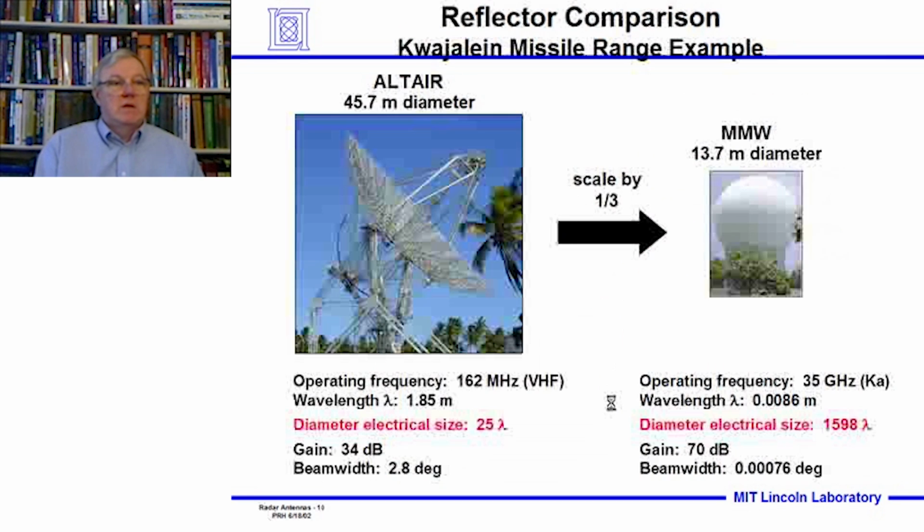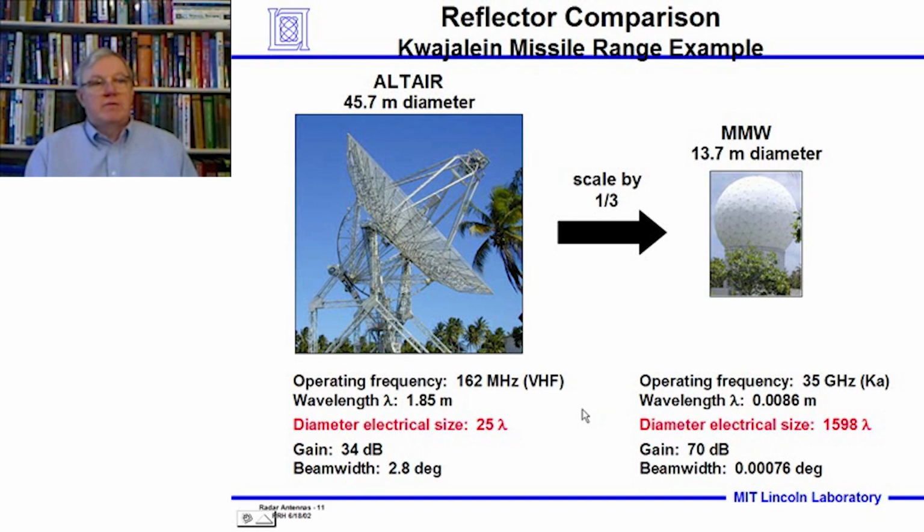Okay. Now, to give you an example, which is very poignant, here we have two antennas that are out at the Kwajalein missile range in the Marshall Islands. And these antennas are radar antennas. And this antenna, the picture doesn't do it justice. This antenna is so big. Well, how big is so big? Would you believe 46 meters across?